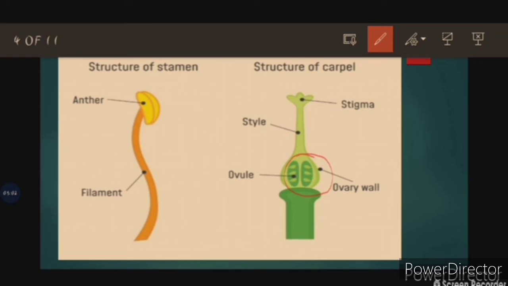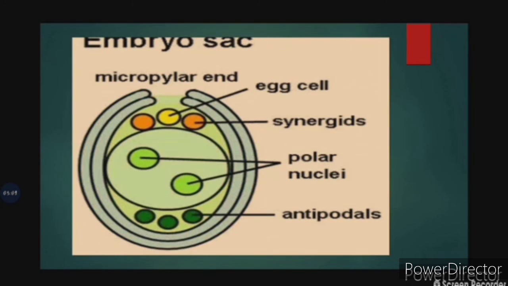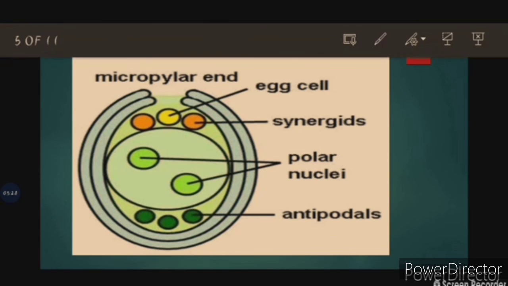If a single ovule is zoomed, then we can see the next structure, that is the embryo sac. In the embryo sac there are a total of 8 cells: 2 synergid cells at the upper end and 1 egg cell in between. Downside there are 3 antipodal cells, and at the center there are 2 polar nuclei.